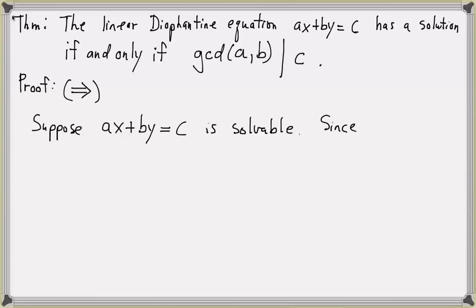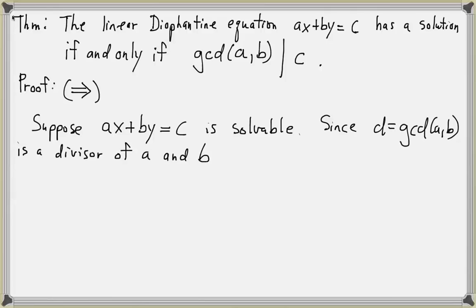Since d, which I want to use to stand for the greatest common divisor of a and b, is a divisor of a and b, d will divide any linear combination of a and b.